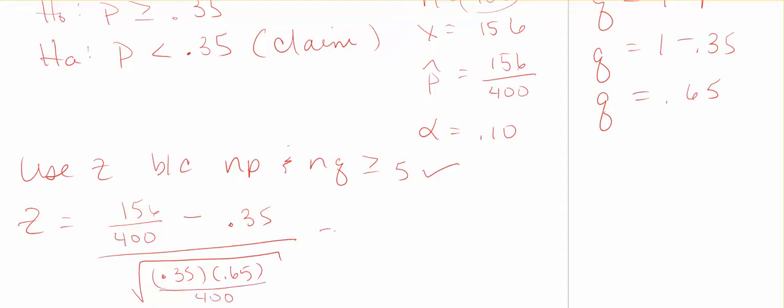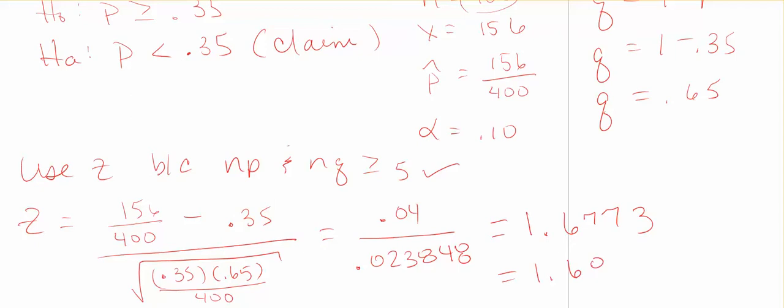All of that is in that square root sign. So I'm going to give you a numerator and a denominator so that you can check your math. So there's my numerator and denominator. And my z then will be 1.6773. But since my table only goes to 1.68, it's probably the z that I would pick.